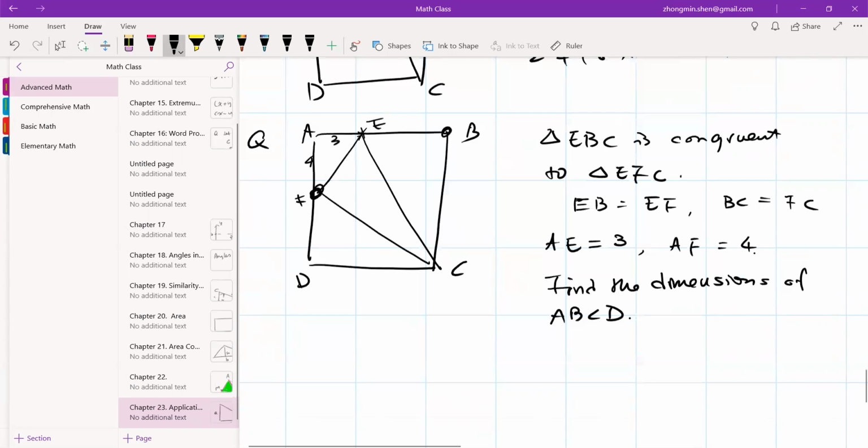What is unknown here is this side is Y, this side is X. We design a piece of paper so that I can fold at the point E, then the point B will touch the other side AD. So the question is, what are X and Y?